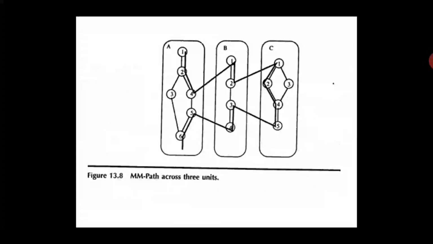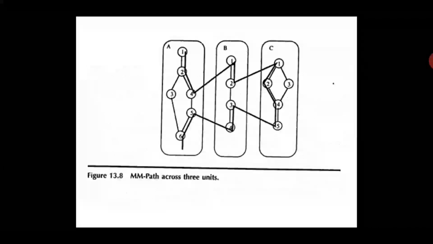So A1, A2, A4, B1, B2, C1, C2, C4, C5. Again, it is transferred to B3. So B3, B4, A5, A6. It is actually the message path, MM path. Okay.